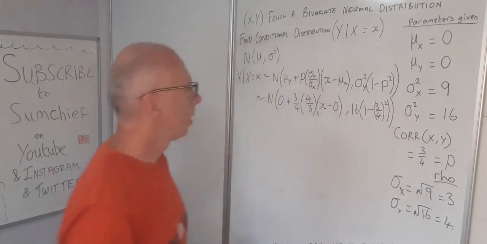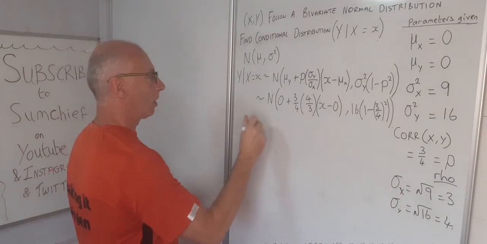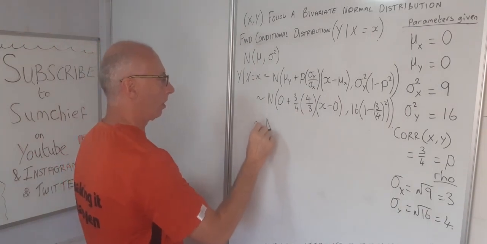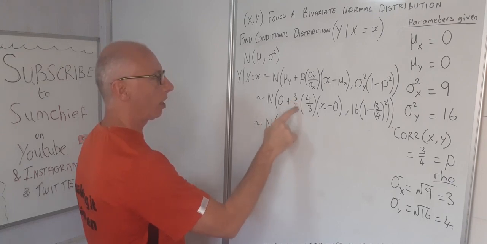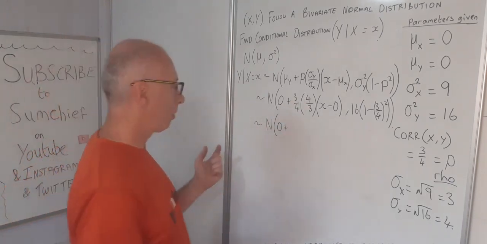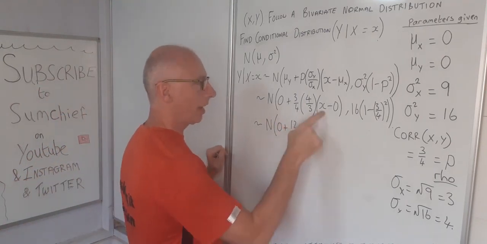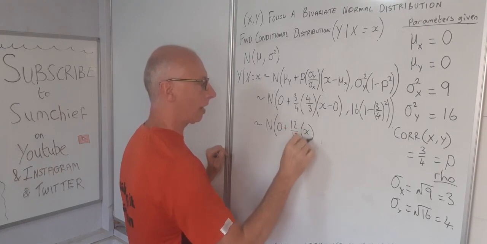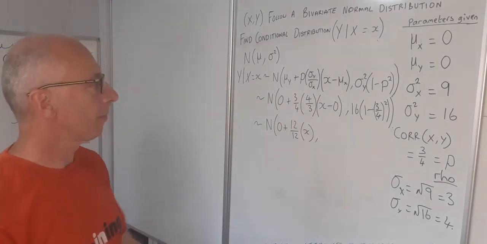Okay, so now it's just a case of simplifying these numbers. So now we've got a normal distribution, 0 plus 3/4 times 4/3. Well, that's just going to give us 12/12, which we can simplify down to 1. x minus 0 just gives us x. So that's going to give us our mean.